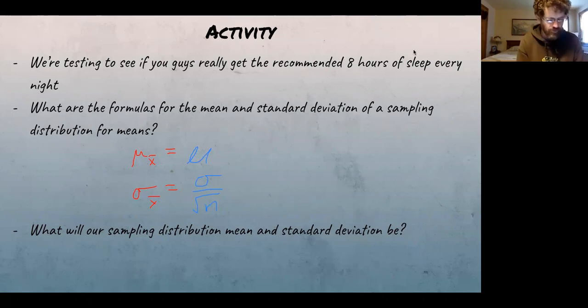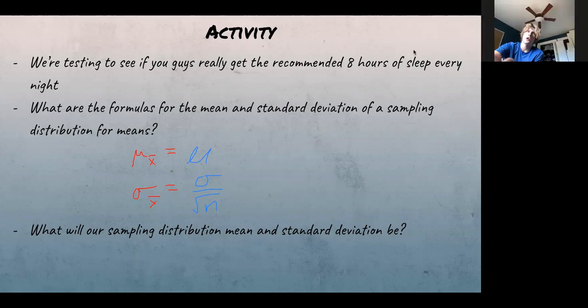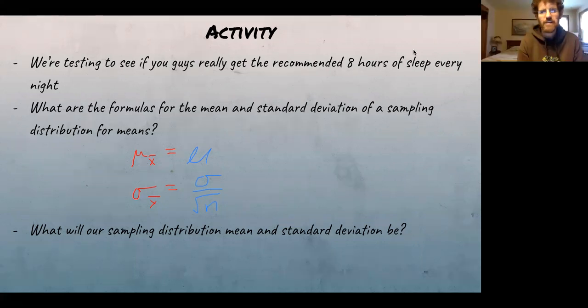Now, moving forward with our hypothesis test, do we know the population mean? Yes. No. Well, I think that's fair to say yes with a question mark.